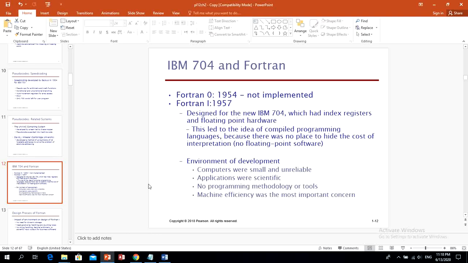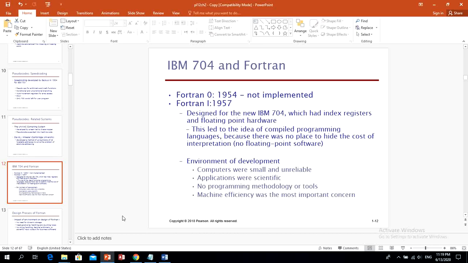People started thinking about machine efficiency more than application efficiency, because machines were so slow, memory was so small, and computers were not fast, so machine efficiency was an important concern at that time.